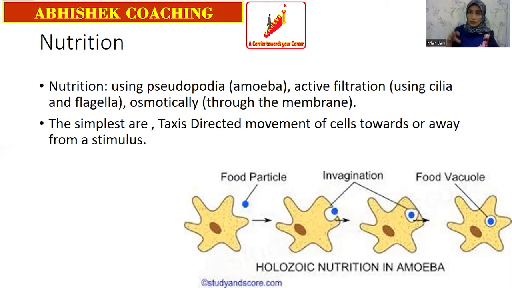That's why they try to escape from this condition and they use this taxis movement, which is directed movement of a cell toward or away from a stimulus. Or they use this type of movement when there is food in the environment. So they use this taxis movement to go to that food and take the food which they want. Okay.